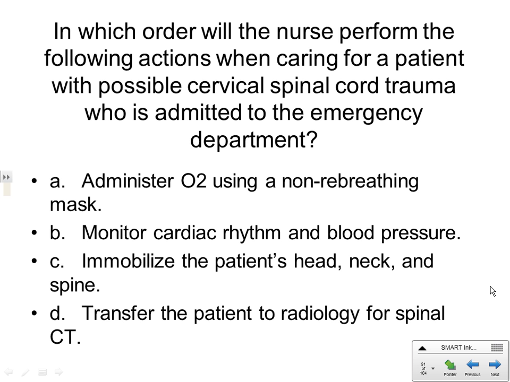Yeah, we can do further damage. We can shut off their respirations, a lot of other problems. So first we're going to immobilize. Then what are you going to do? Administer oxygen. So immobilize first, then your ABCs. So administer oxygen, then what? Monitor cardiac rhythm and blood pressure, and then transfer for the x-rays.